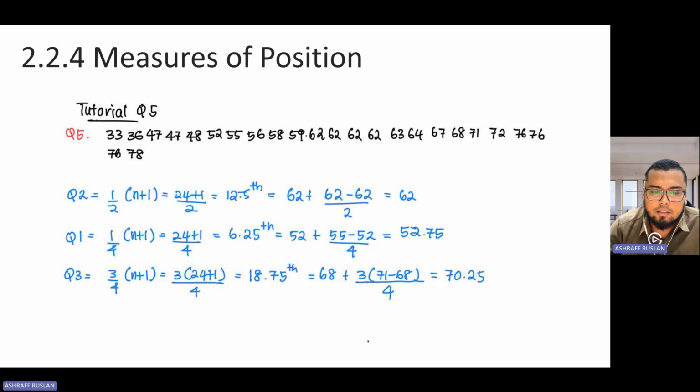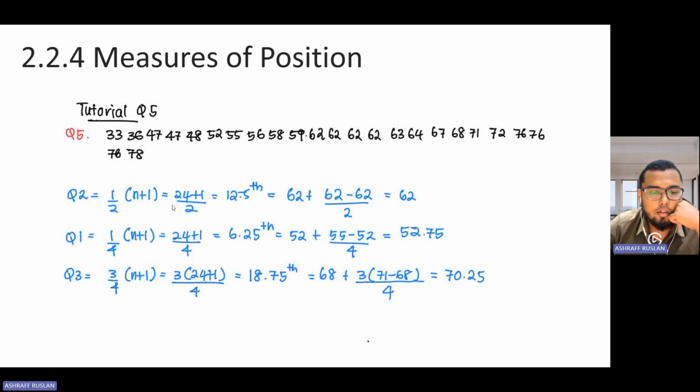Okay. Ni ada saya ambil example daripada salah satu soalan tutorial. Let's say kita ada nilai 33 all the way, so dah disusun sampai nilai 78. Okay, kalau macam saya suka cari yang second quartile ataupun kita sebut median tadilah.